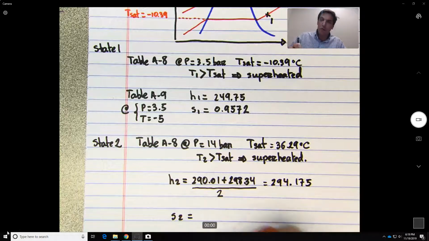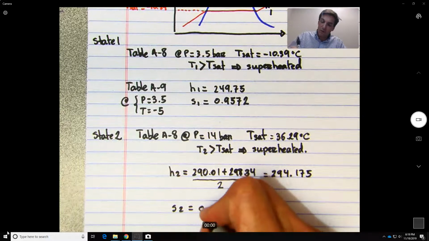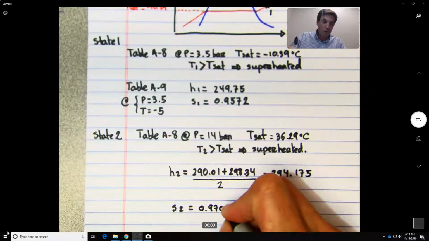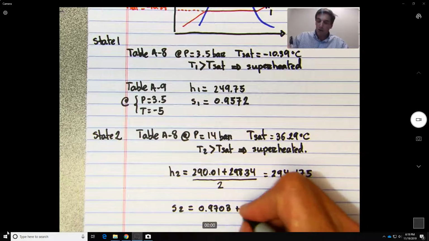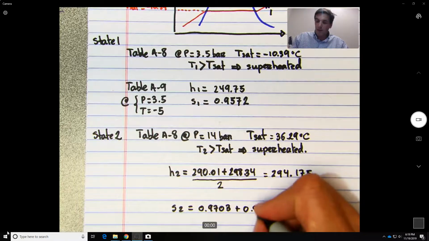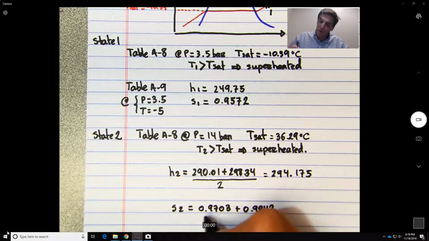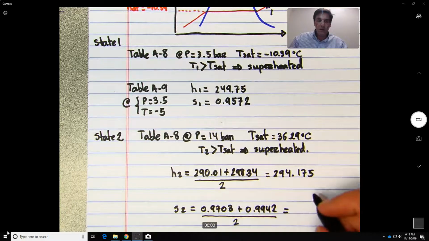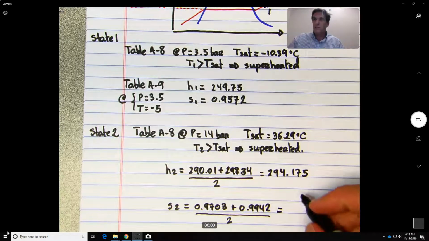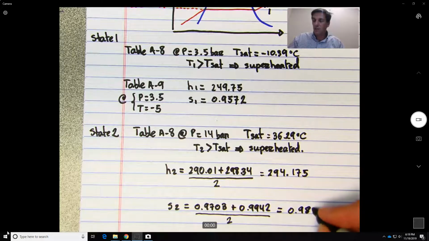And S2 will be equal to 0.9703 plus 0.9942 divided by 2, and this gives us 0.98225.